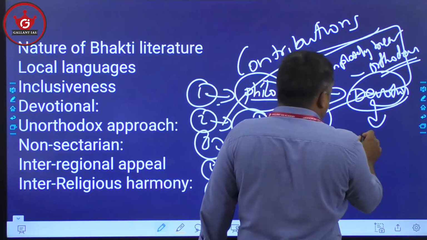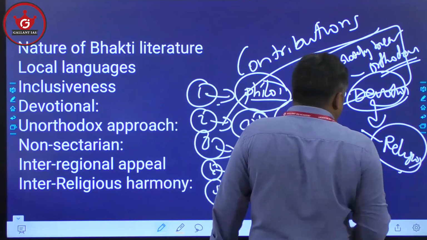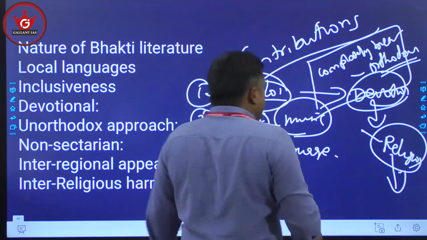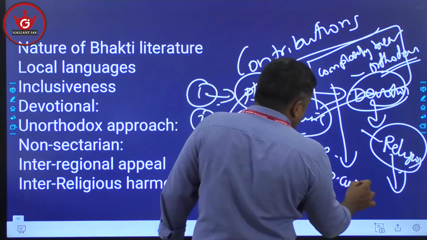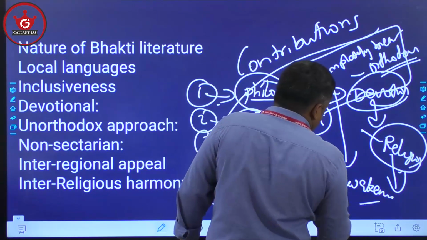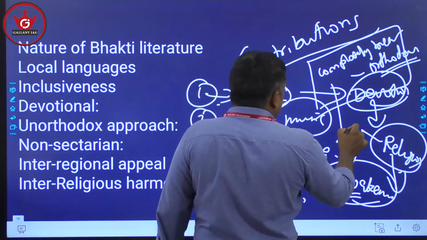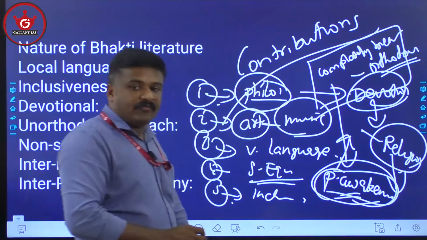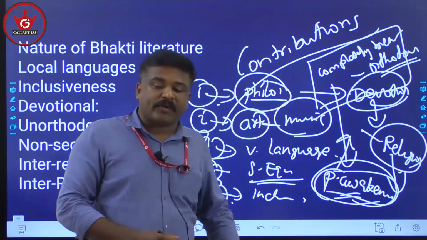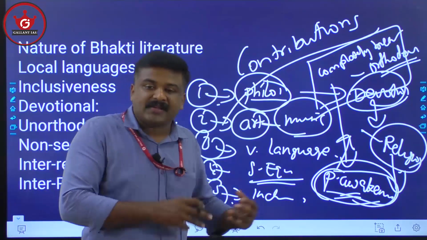So there is no complete breakdown of religious hierarchies and religious customs. Also, there was no political awakening. This literature never caused any political awakening. Even though they discussed social reforms, they never strongly advocated them. So talk about some of these minor sides also.